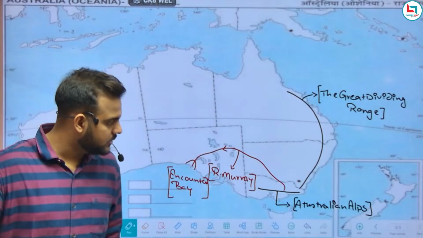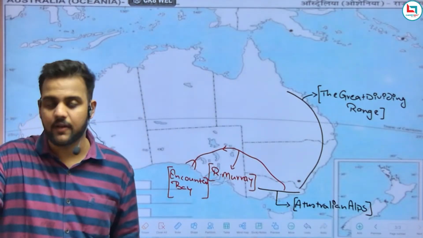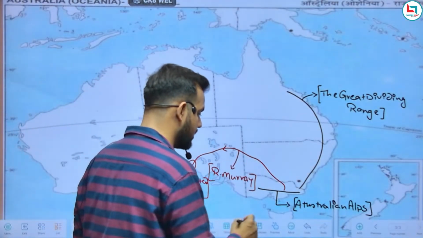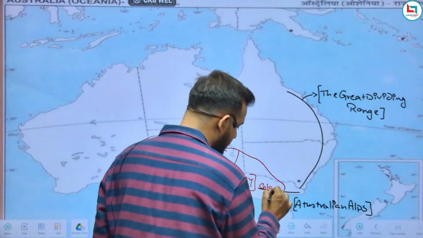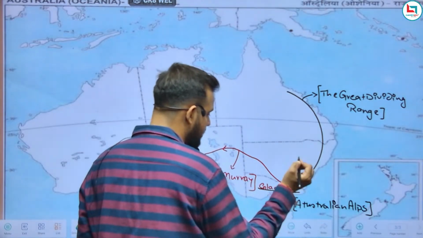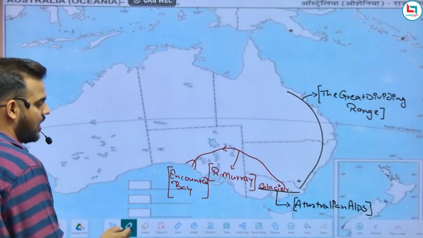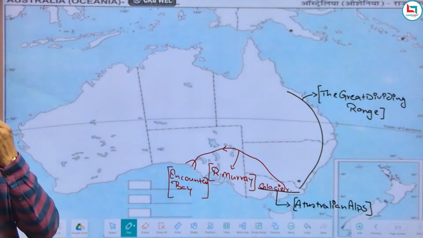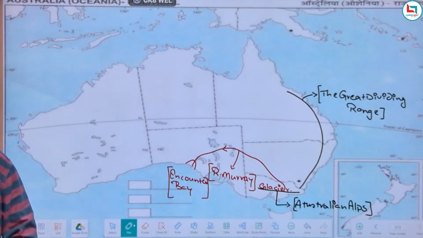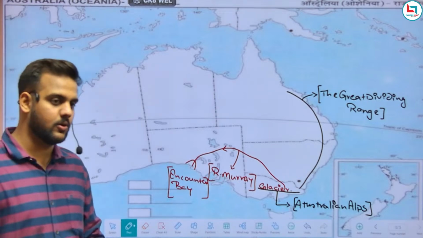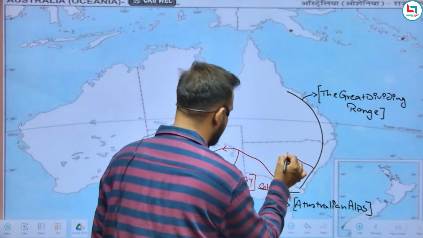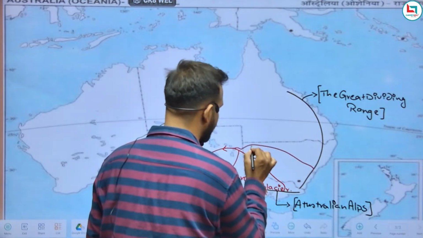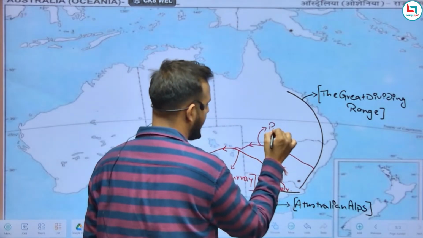If you look towards the Australian Alps, here we have the presence of glacier. This is the Glacier River. After this, from the Great Dividing Range we have the longest tributary of River Murray, which is known as River Darling.